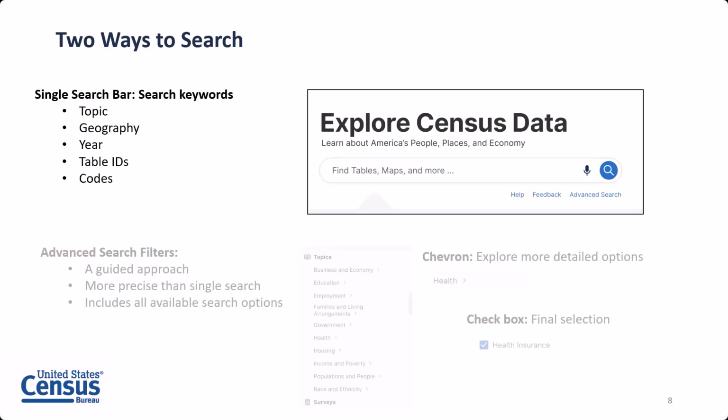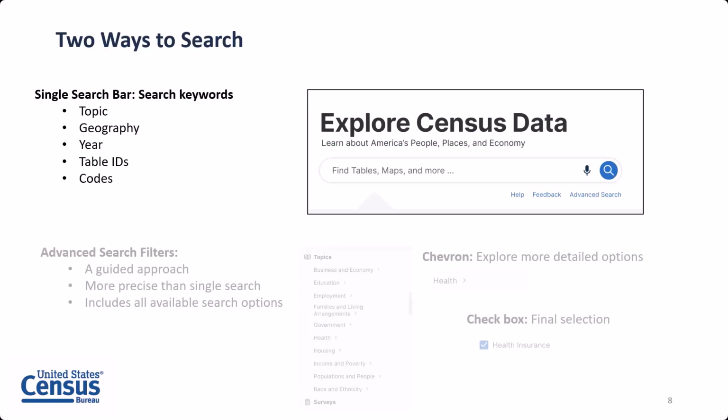So first is the single search bar. There are two main ways to search for data on the site. The first, as I mentioned, is that search bar that if you have used the site in the past, you will recognize, it's right on the main landing page. When it comes to the single search bar, I tend to have the mantra that simpler is better.